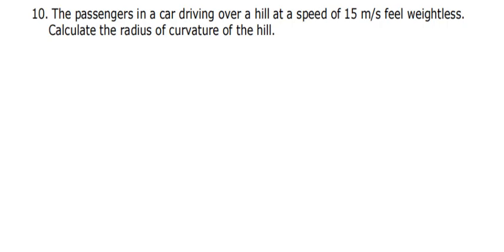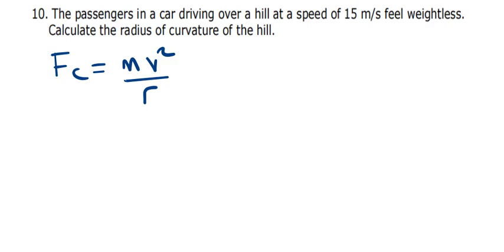So what are we now going to have? Now we know that we find the centripetal force as m, we've been talking about this, mv squared over r. And we're trying to find the radius.